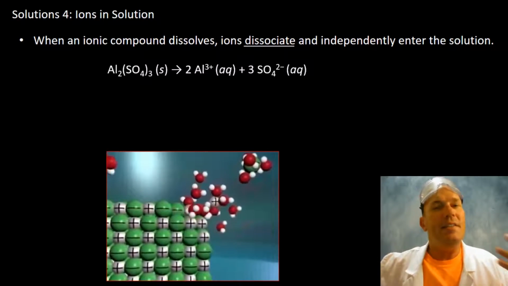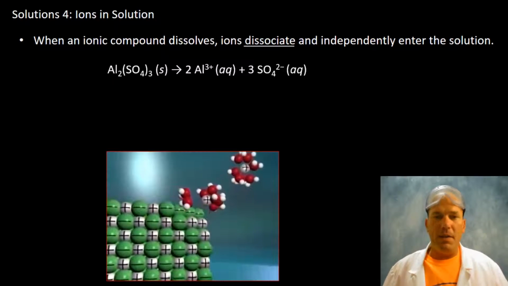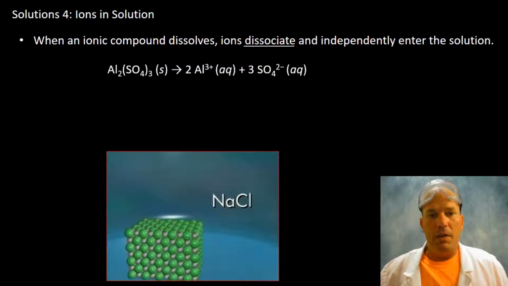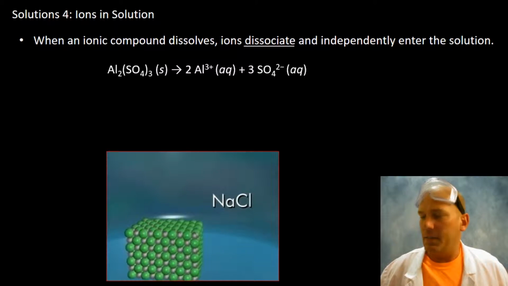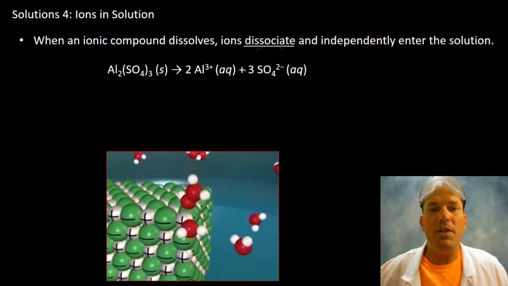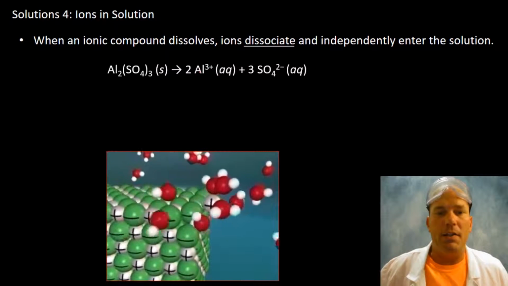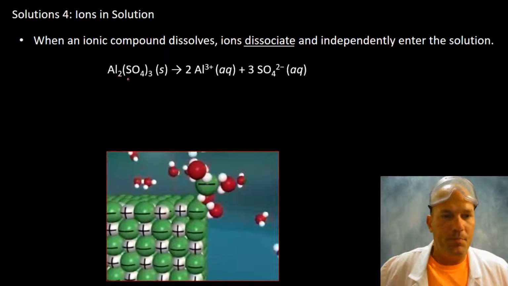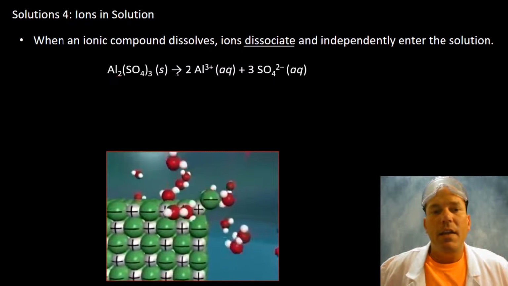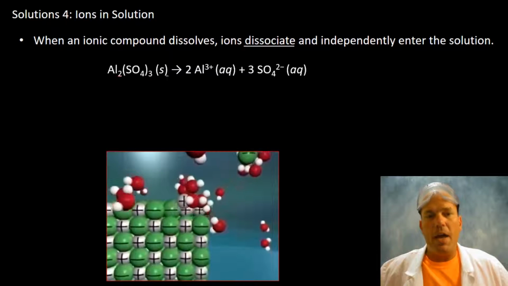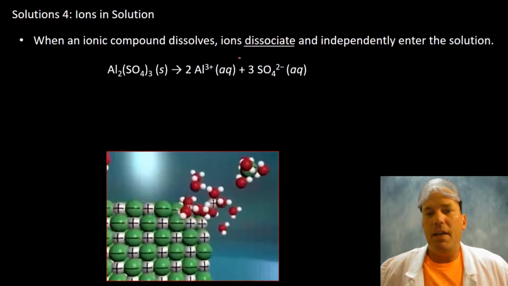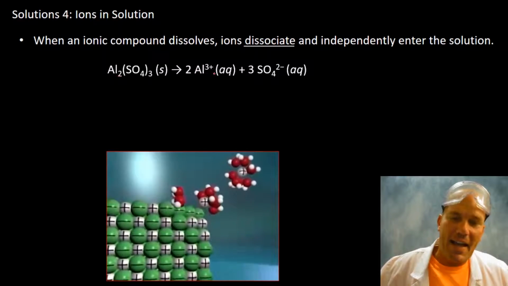So when solid aluminum sulfate is placed into a solvent like water, it will dissociate, and that's exactly what you're seeing in this animation here. If you look at how this has been written, it is solid. This is considered the reactant, and the products are the anions and the cations.